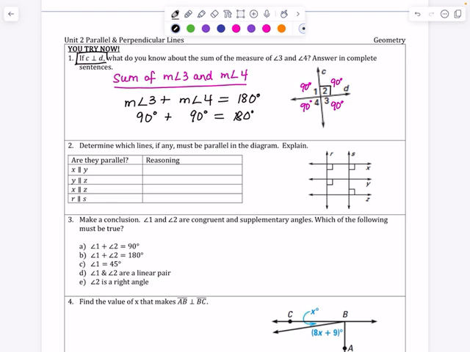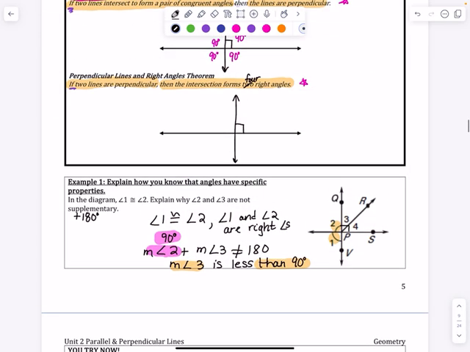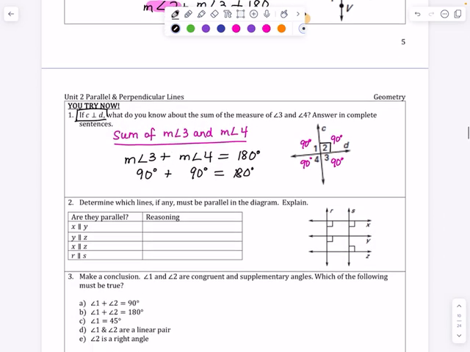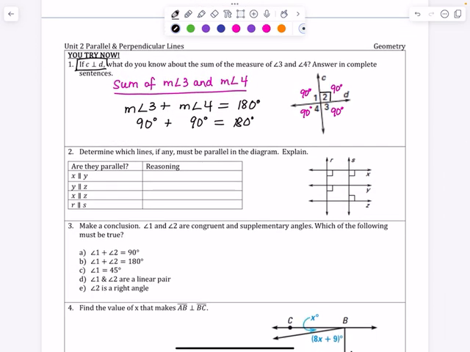And I know if two lines are perpendicular to each other, then according to this theorem up here, the intersection forms 4 right angles. Okay, so I'm going to write the intersection of the two lines, the intersection of line C and line D produce 4 right angles.